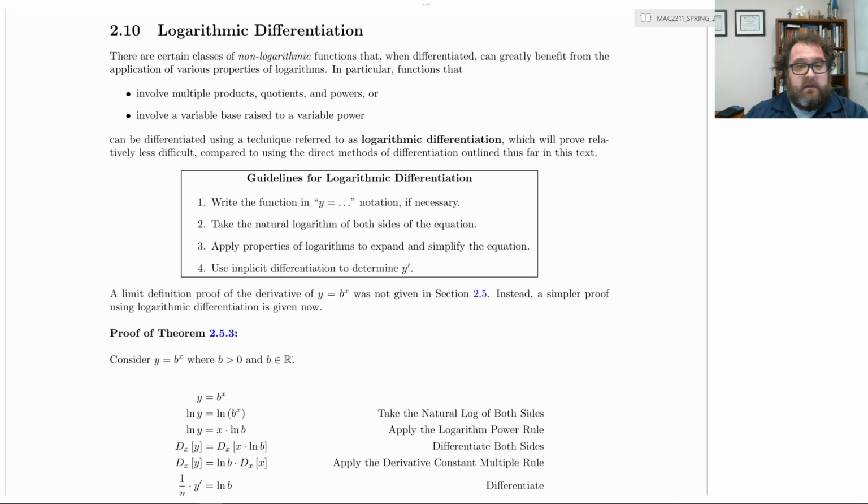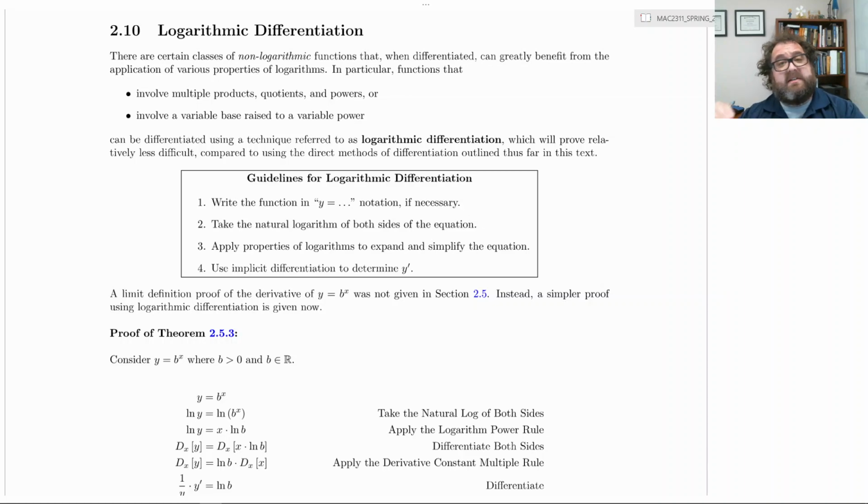So here are the basic guidelines for this process called logarithmic differentiation. Write the function. A lot of times we have f of x or g of x or h of x equals the function. If you need to, write it in y equals notation instead. So instead of f of x equals x to the 5x, write y equals x to the 5x. That's just a very superficial step.